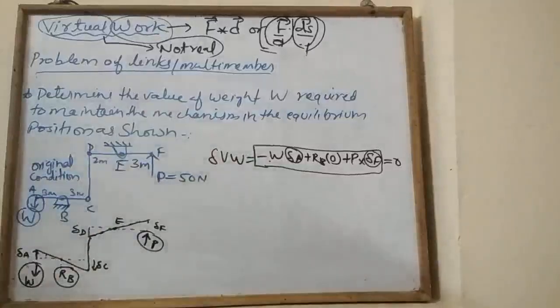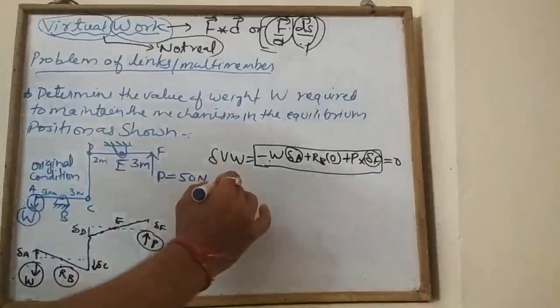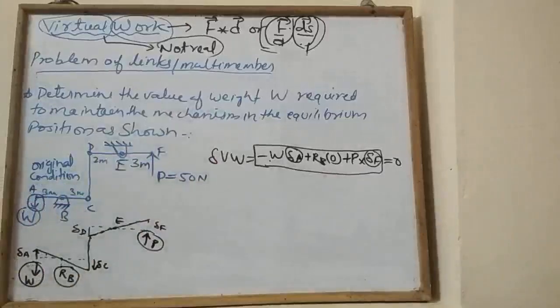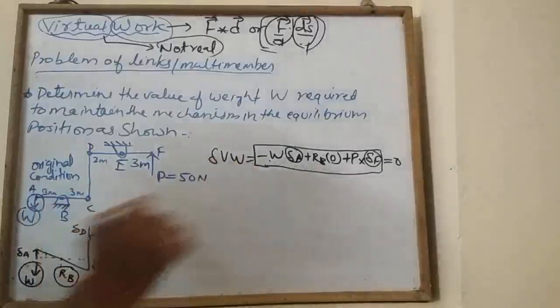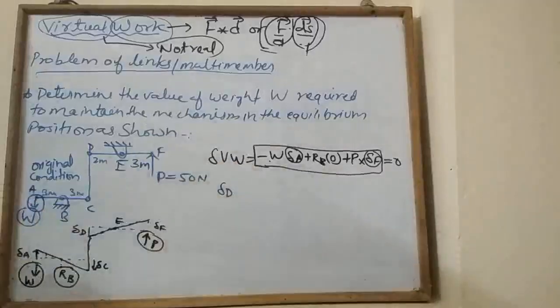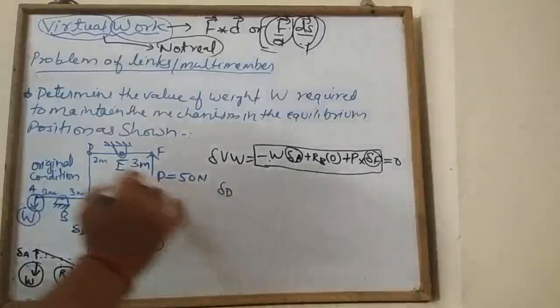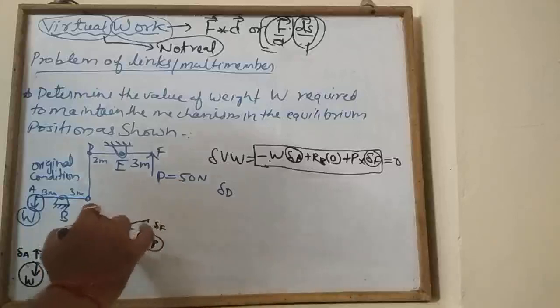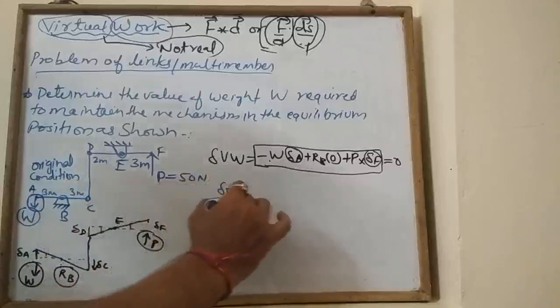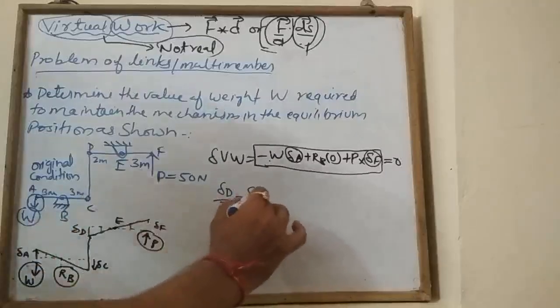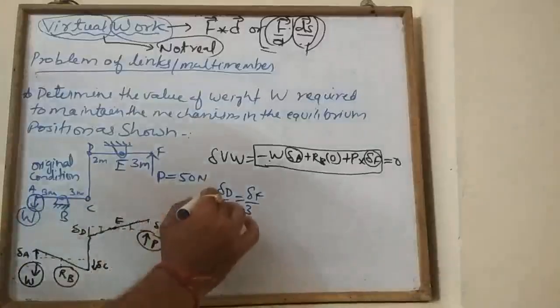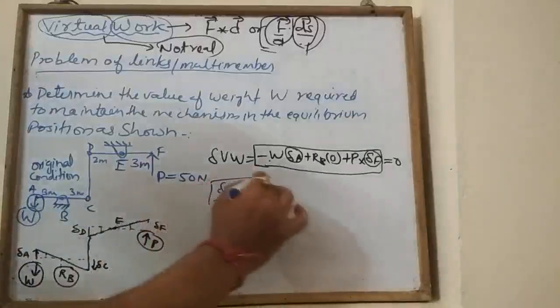Okay, let us start calculating like this. Delta D by 2, tan theta, this is theta, this is theta. So delta D by 2 equals delta F by 3.